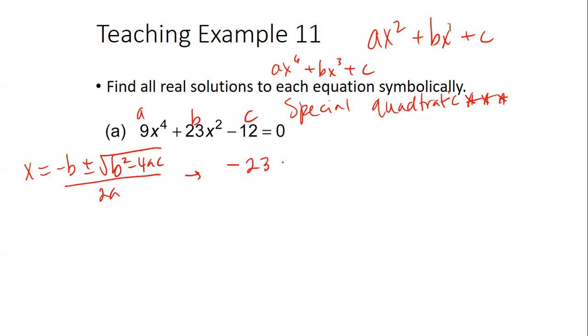So we have negative 23 plus or minus the square root of 23 squared minus 4 times 9 times negative 12, all over 2 times 9.